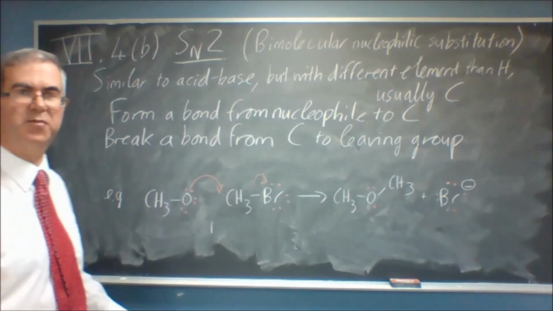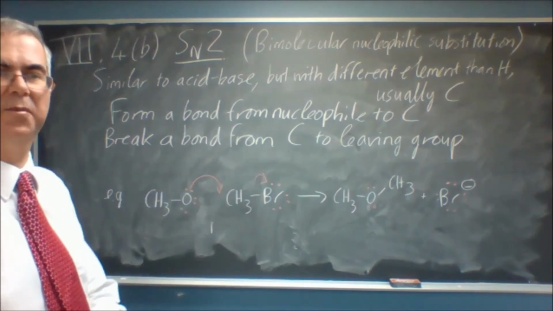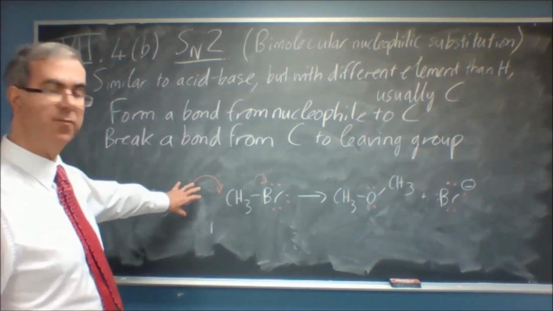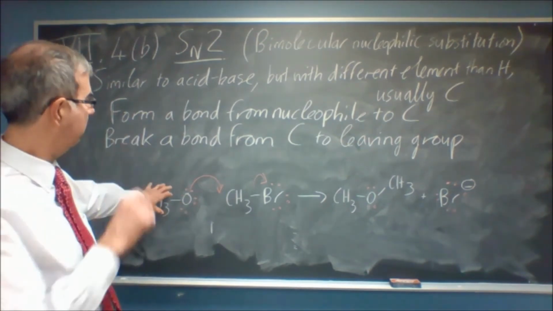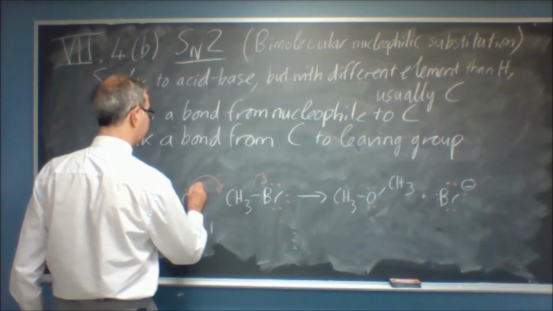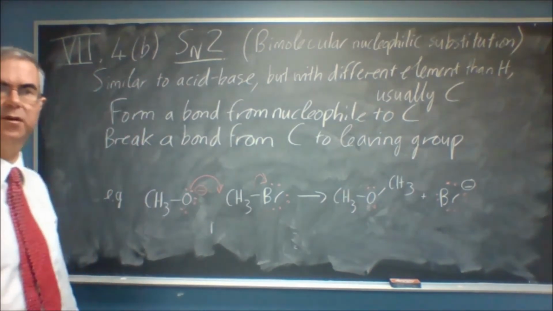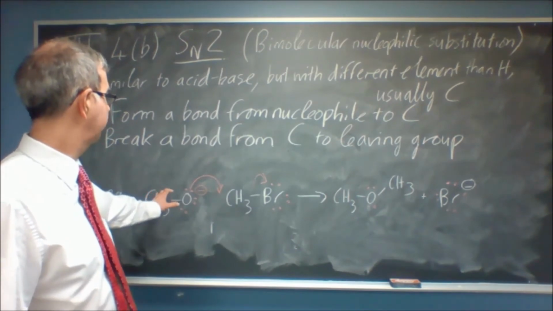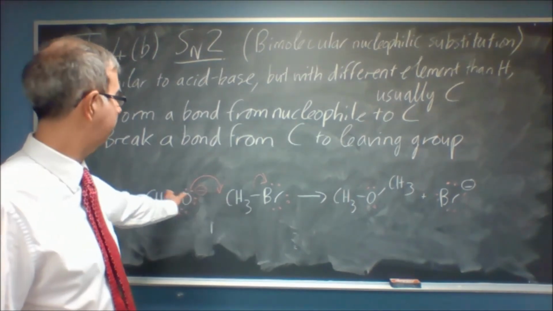Okay, sorry I jumped suddenly there to having it on the board, but we have something similar to the CH3OH we had before. I've made it CH3O minus this time, so we have actually a stronger nucleophile, but it's the same kind of flow of electrons.